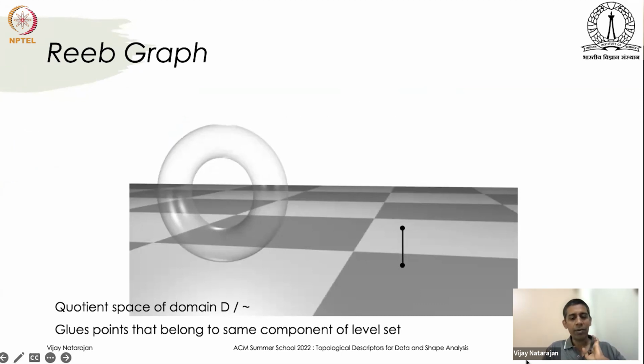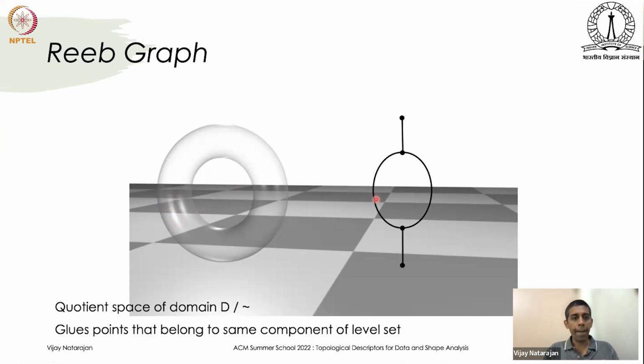So the Reeb graph, we saw the definition as the quotient space of this domain under this equivalence relation. We talked about how the Reeb graph is the image of this map, right? The map that takes every connected component of the level set and maps it to one point.